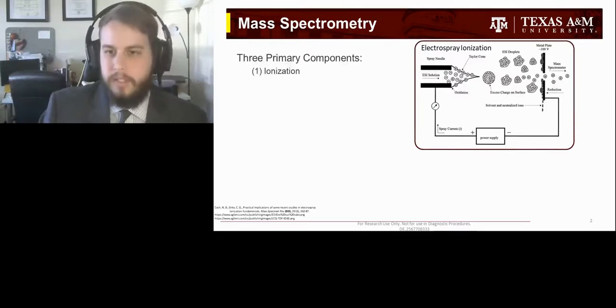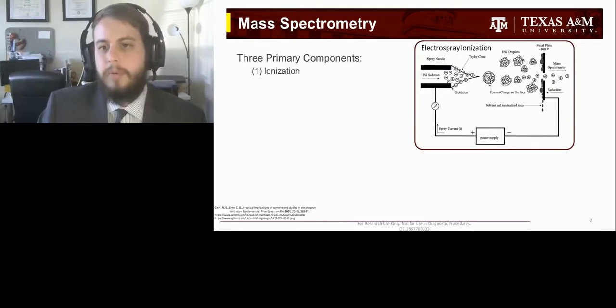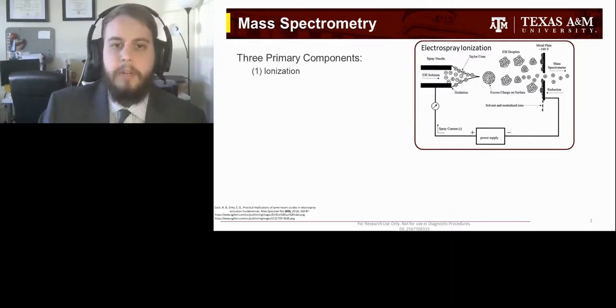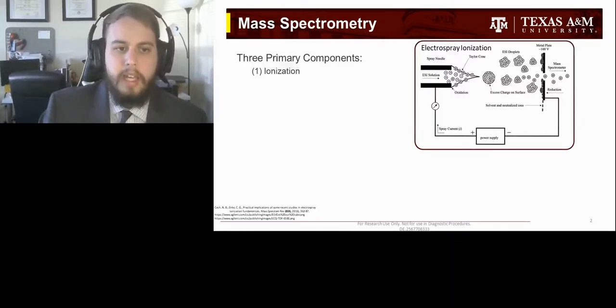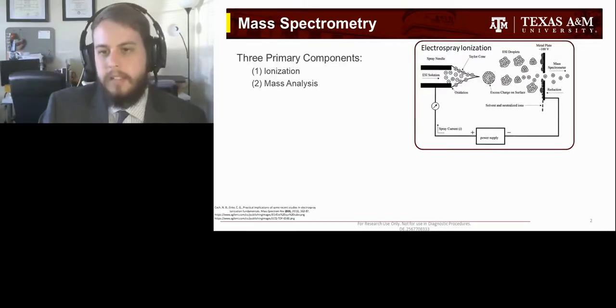Now, on the Agilent sources, the electrospray solution is held at ground, and our inlet to the mass spectrometer is held at a negative potential, but that potential drop between the electrospray needle and the inlet to the mass spectrometer, as long as that forms a negative potential drop between the two, we can get our ions in.